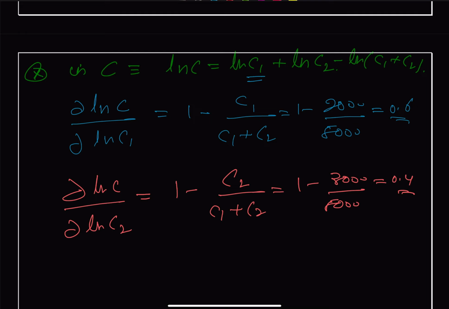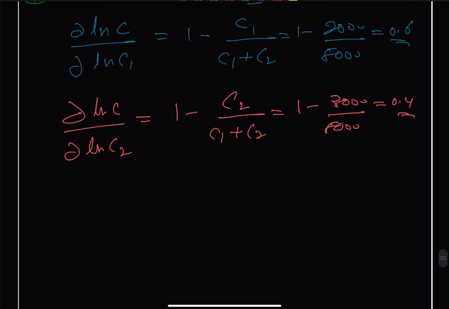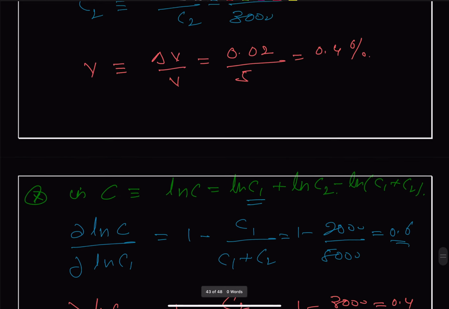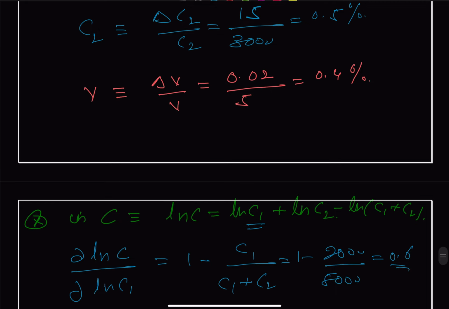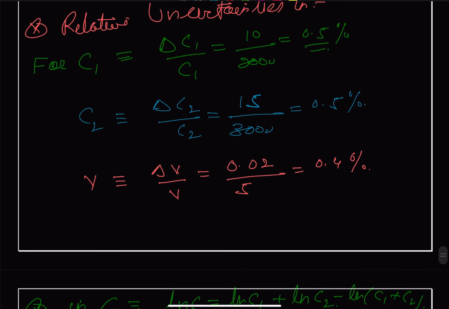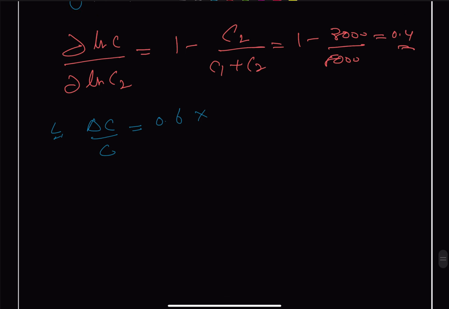Therefore, we can say that our delta C upon C will be equal to, we have this as 0.6 multiplied by 0.005 and plus 0.4 multiplied by 0.005, and this is our first part and this is second part, yeah.